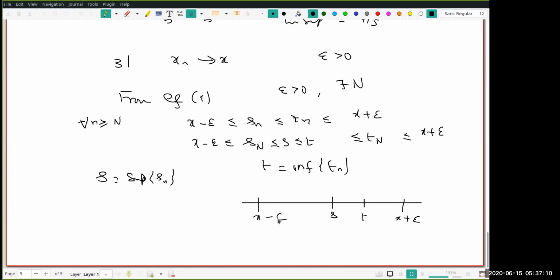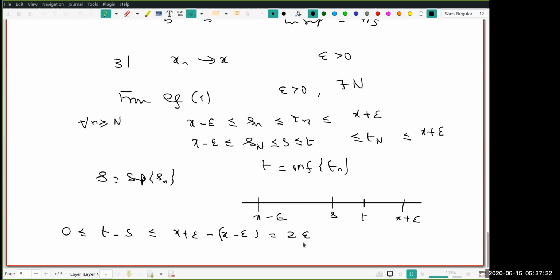Therefore, T minus S, which is greater than or equal to 0, is less than or equal to x plus epsilon, because T is less than this, and S is greater than that. Therefore, minus S is less than minus of that, minus x minus epsilon, which gives 2 epsilon.